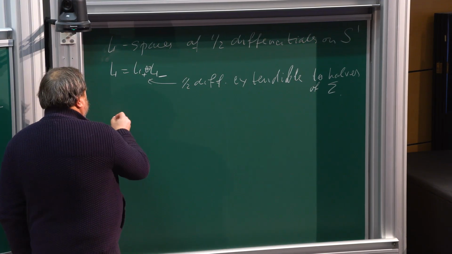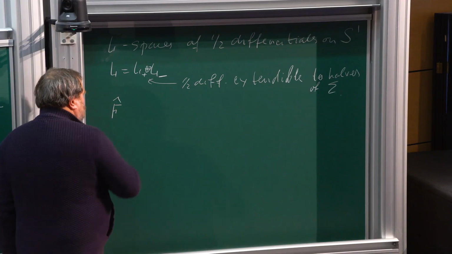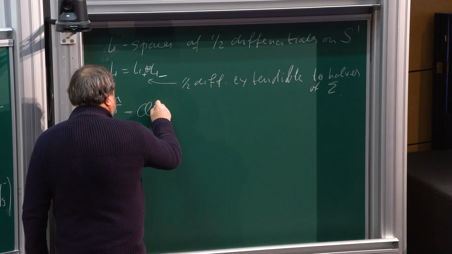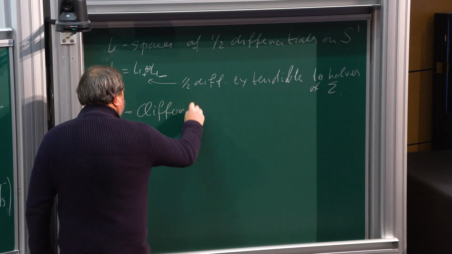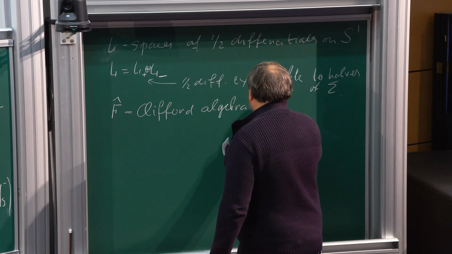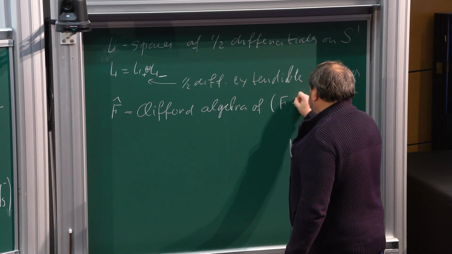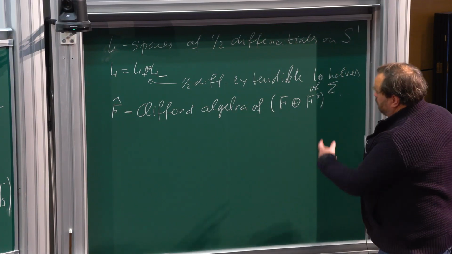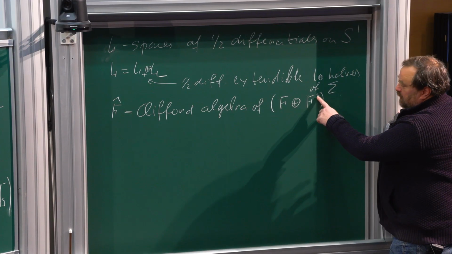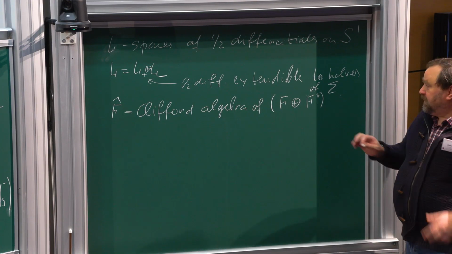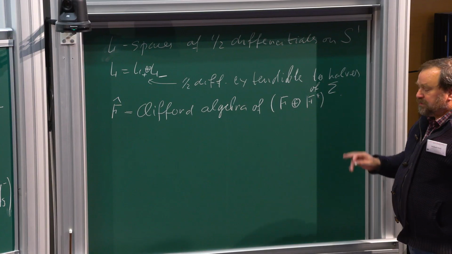And you can define the following algebra, which I'll call F hat. This is equal to the Clifford algebra of L plus L star. The dual to a 1/2 differential is still a 1/2 differential, so it's not necessary to distinguish between them, but I will.